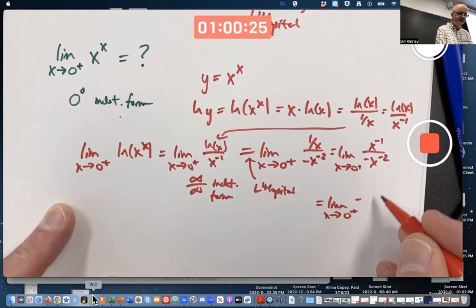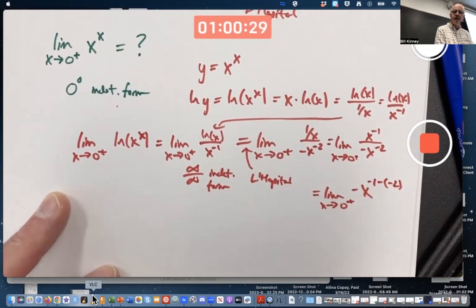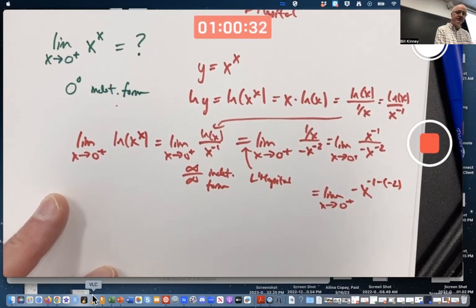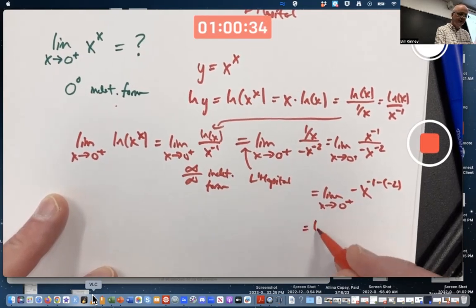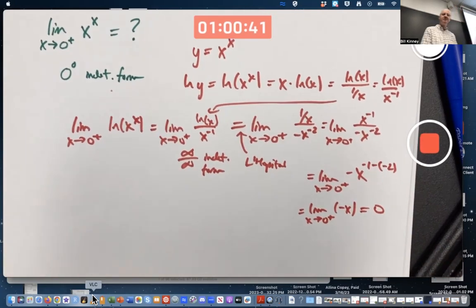Negative, subtract those exponents. -1 minus -2 is -1 plus 2 is 1. This is the limit as x goes to 0 from the right of negative x, which is 0. Yeah, it's tricky. Most people wouldn't be able to do that without seeing somebody else do it first. But now you have seen it. Now, if you practice this kind of thing, you can do it.